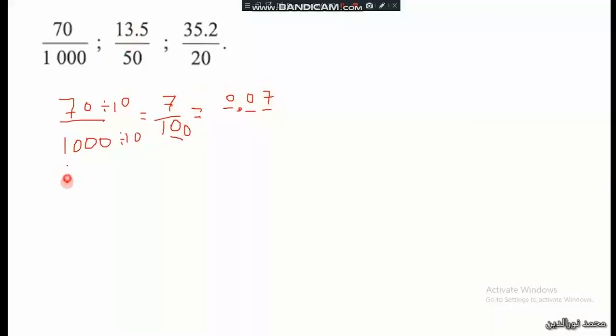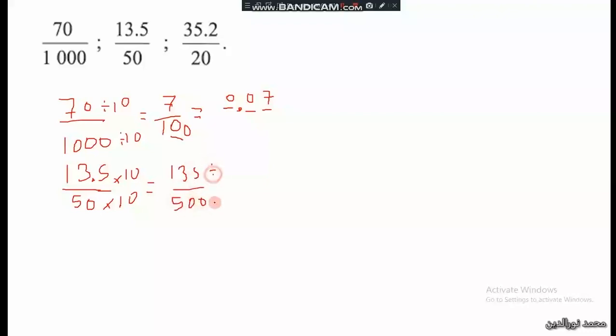And here we have 13.5 over 50. First of all, we have to get rid of this decimal point, so we multiply by 10, and here we multiply by 10, and it's 135 over 500.